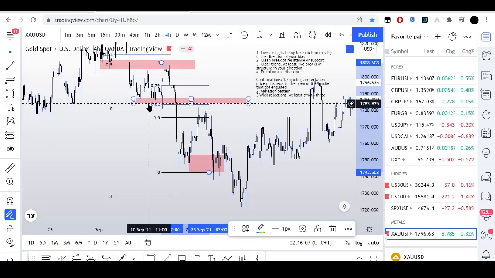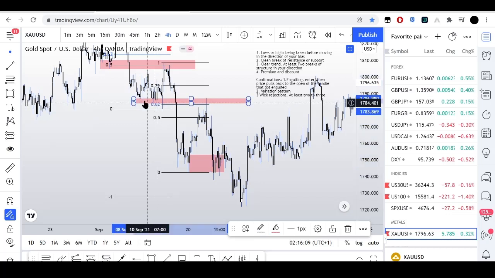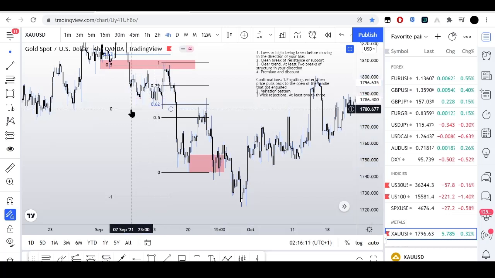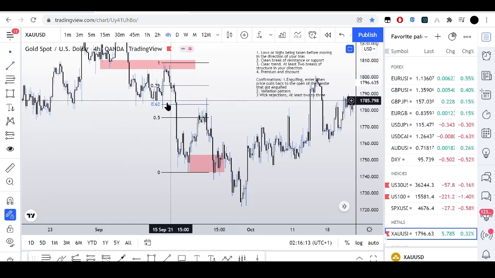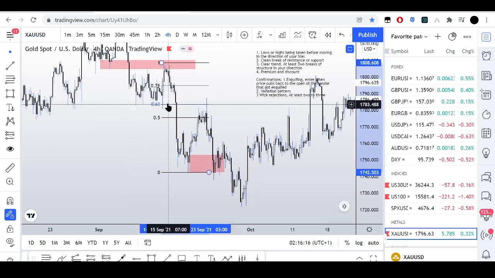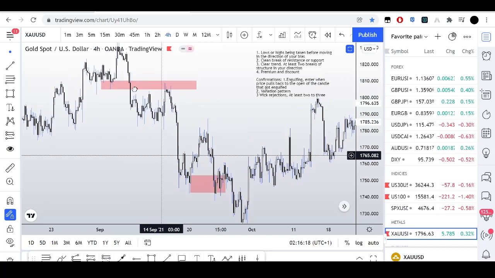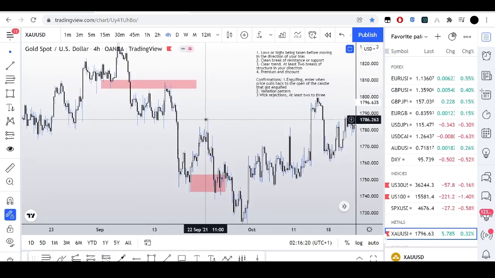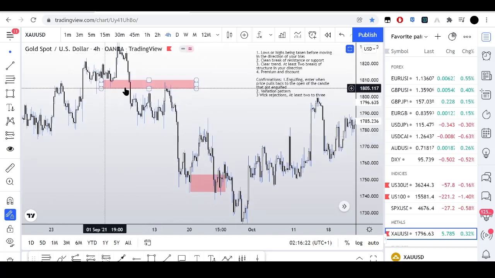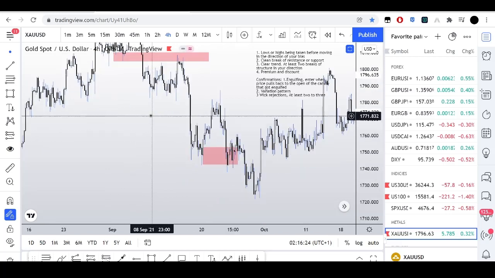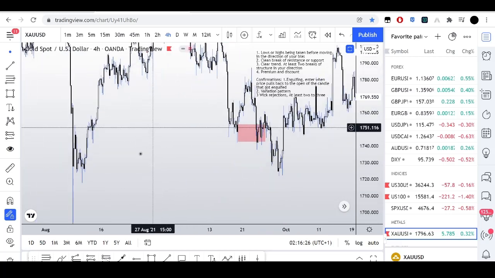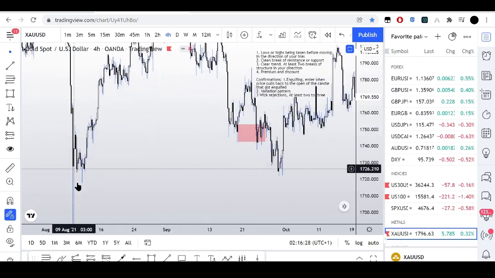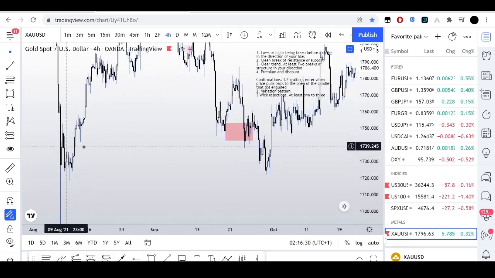That's lined up with this resistance area, which is more confluence. And a clear trend. Two breaks of structure: you have one, you have two. This is your entry right here, because it broke this one and it broke this one. And then your targets will be your areas of support or resistance.